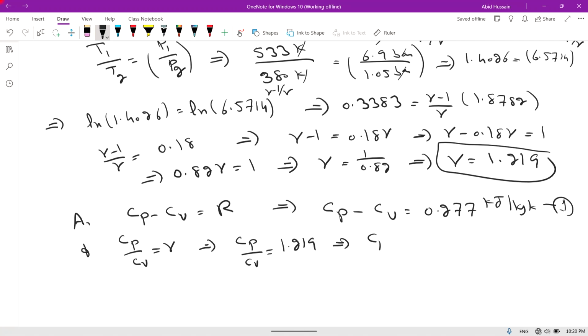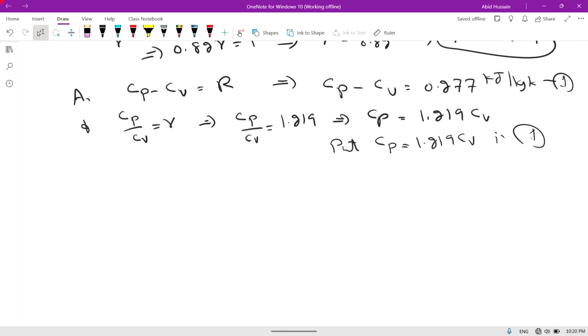So Cp is equal to 1.219 Cv. Now put this value of Cp equal to 1.219 Cv in equation number first. So 1.219 Cv minus Cv is equal to 0.277 kilojoule per kilogram per Kelvin.